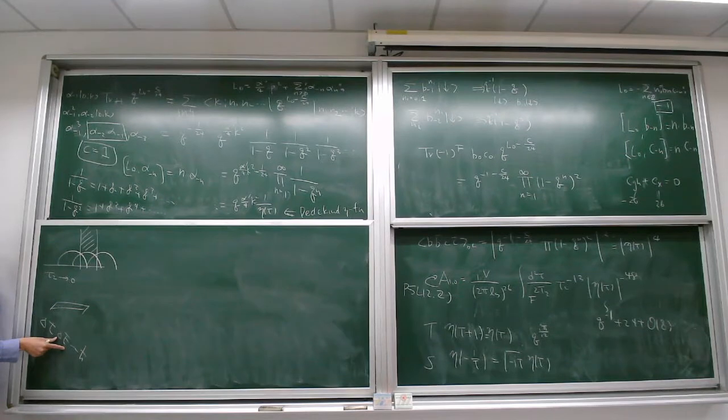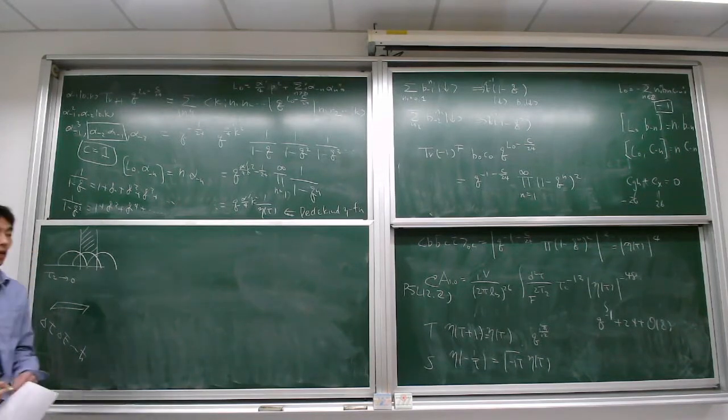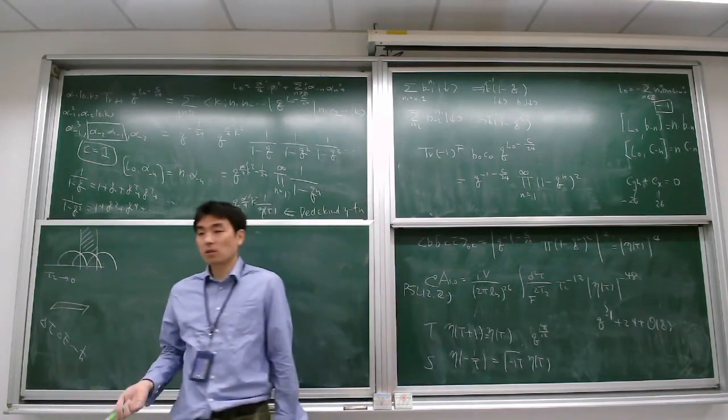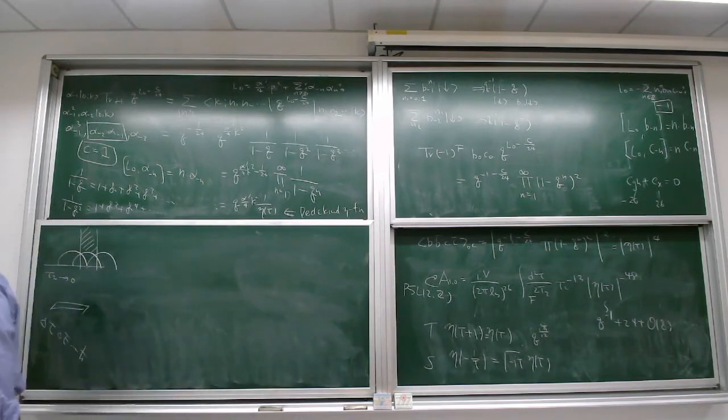So therefore we avoid the high energy region for integration to compute the torus amplitude. So therefore it's free from UV divergence. Here you don't need to integrate over the high energy region so that there's no UV divergence for this integral.